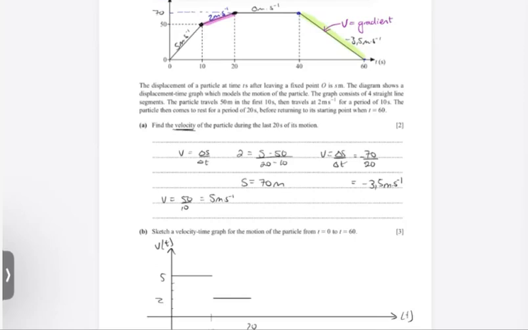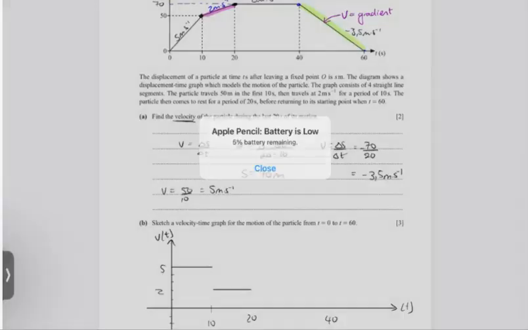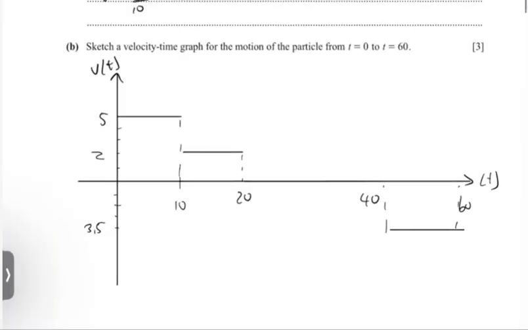Then we've got 0 happening down here for 20 seconds. And then we've got negative 1, 2, 3, and a bit, going between 40 and 60. Okay, so I've maybe just dropped my lines here just to make clear. That is what it would look like if I've got sections of constant velocity.